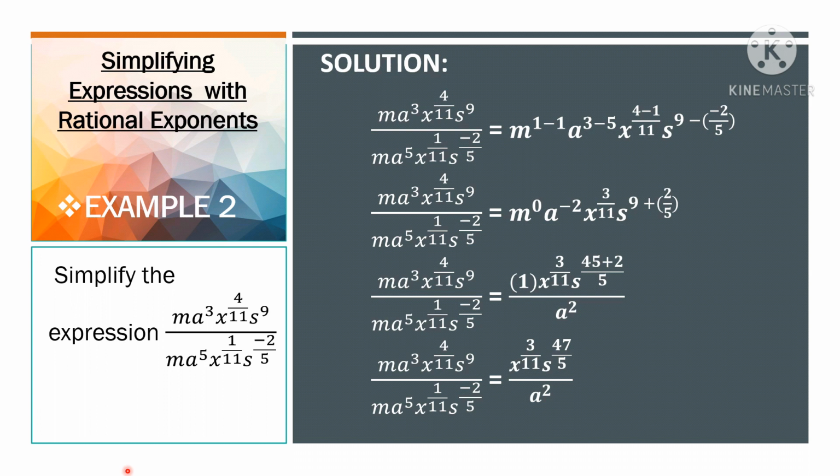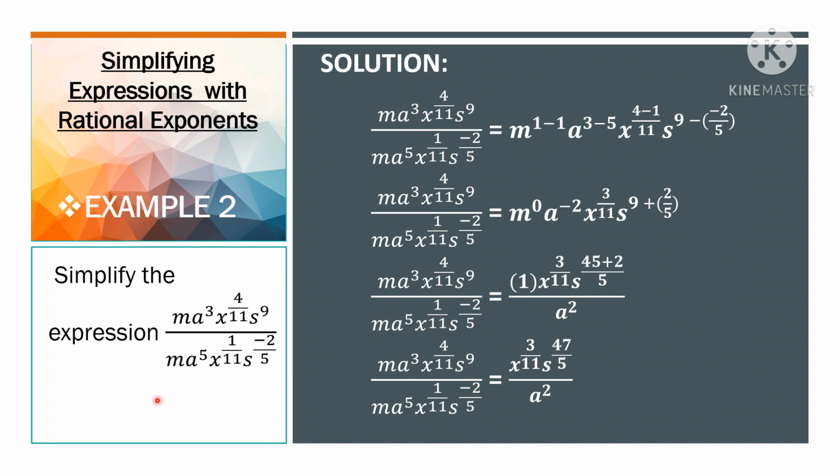For example 2, simplify the expressions m cubed x raised to 4/11 s raised to 9 divided by m raised to 5 x raised to 1/11 s raised to negative 2/5.